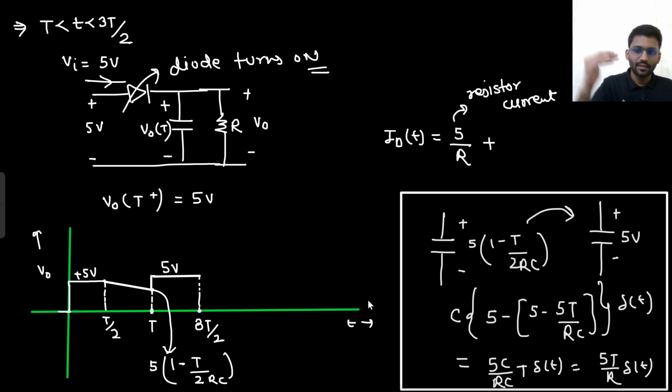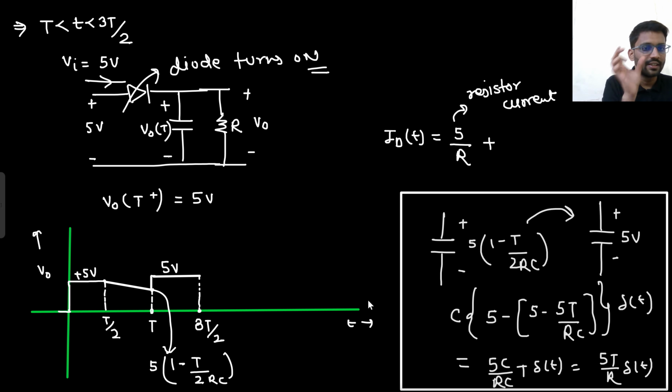So what is happening? At t minus your voltage was 5 into 1 minus t by RC, but suddenly it rises up to 5 volt. So what is the change in voltage? The change in voltage is 5t by RC into the capacitance C, that will be the change in charge, and change in charge is current only.